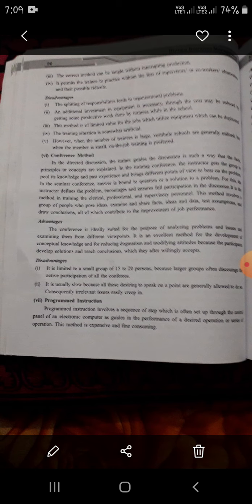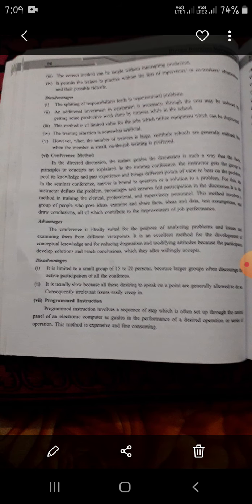In the seminar conference, an answer is found to a question or a solution to a problem. For this, the instructor defines the problem, encourages and ensures full participation in the discussion. It is a method used in training clerical, professional, and supervisory personnel.